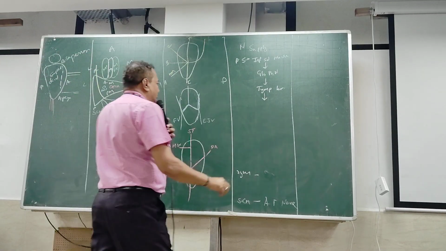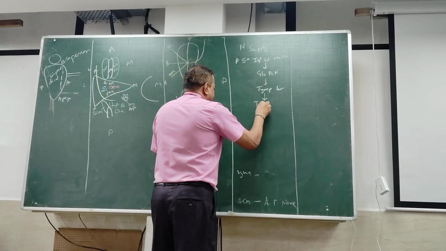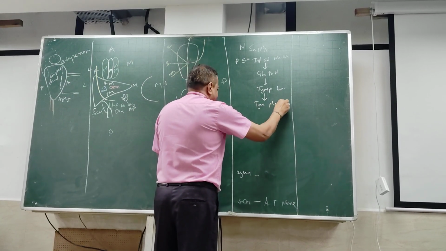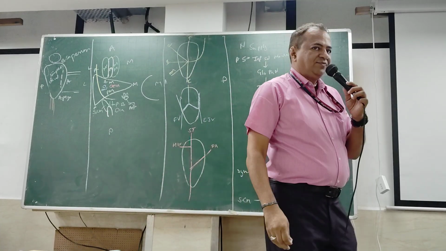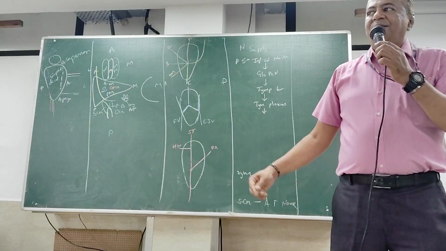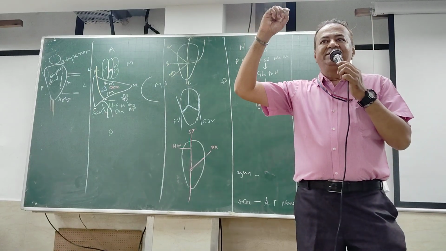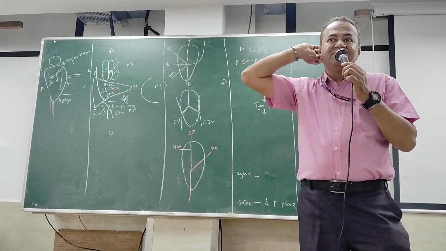This tympanic branch goes to tympanic plexus. From this tympanic plexus arises a nerve.